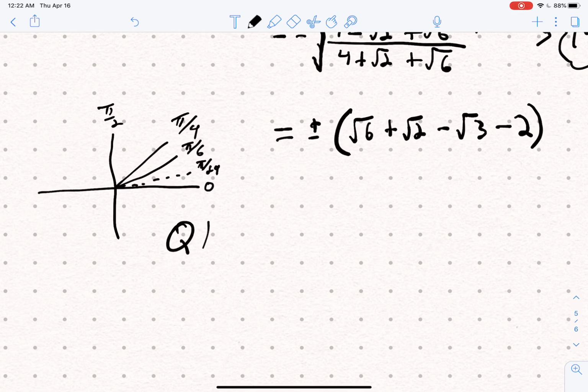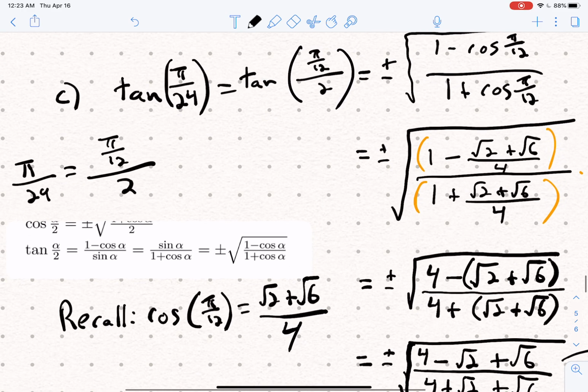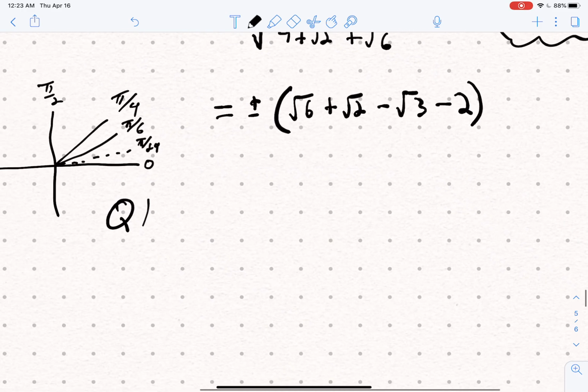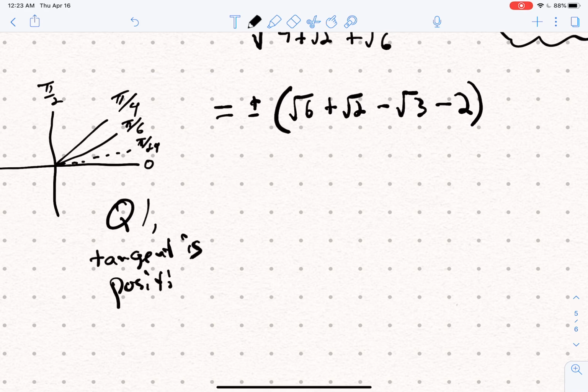In quadrant 1, cosine and sine are both positive because x and y are both positive. And so tangent, which is sine over cosine, is also going to be positive because a positive over a positive is a positive. So quadrant 1, tangent is positive.